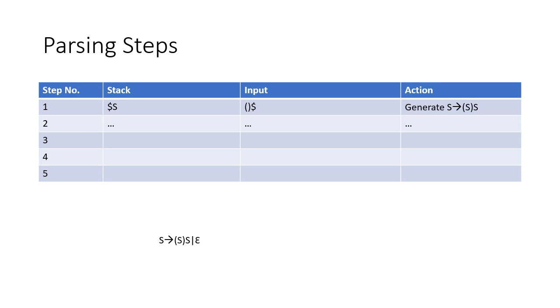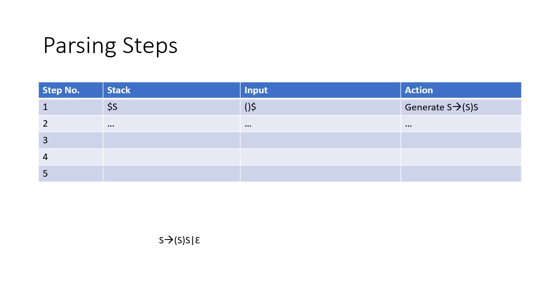The third column is for the input. We write down the input in a left to right manner. Our input in this example is parenthesis, parenthesis, and at the end of the input, we have a $ symbol again, which marks the end of the input. At every step, in this column we show the input which is remaining to be parsed. In the second column, we show at each step the contents of the stack. And the fourth column shows the actions that are taken.